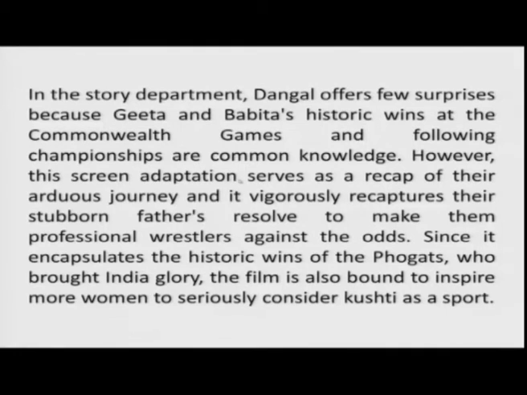However, this screen adaptation serves as a recap of their arduous journey and it vigorously recaptures their stubborn father's resolve to make them professional wrestlers against the odds. Since it encapsulates the historic wins of the Fogarts who brought India glory, the film is also bound to inspire more women to seriously consider Kushti as a sport.